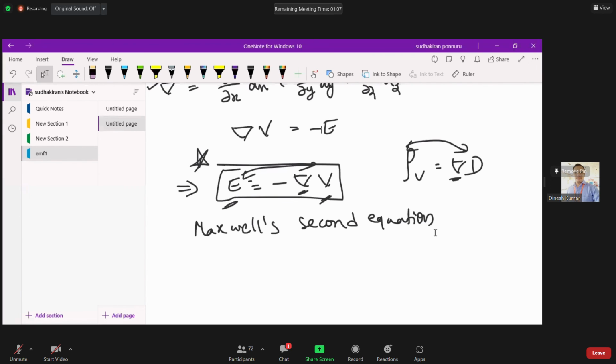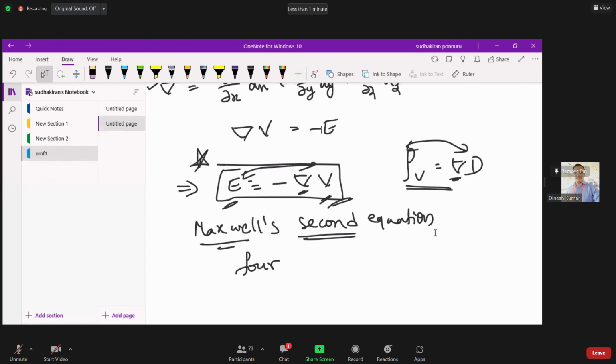So this expression is equally important with respect to Maxwell's equations. The first equation is already completed, and now we have completed the second. As I told you, in total we have four Maxwell's equations. Among those, we have covered the first and second, and the remaining third and fourth will come in our next units.